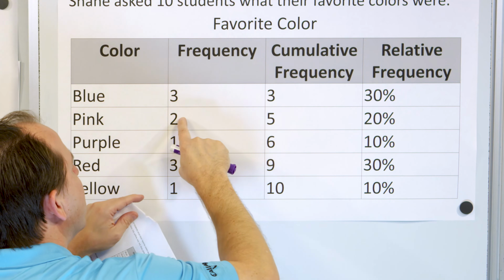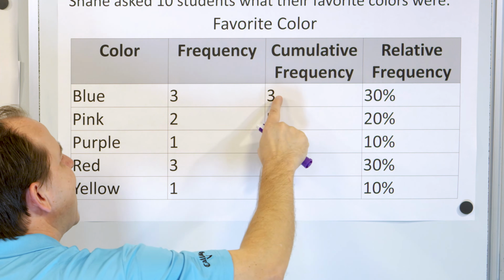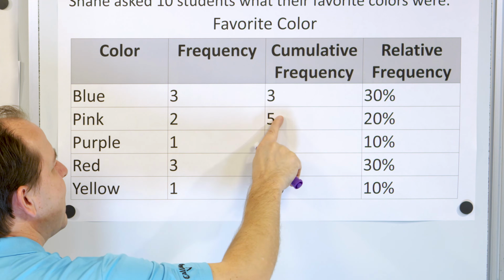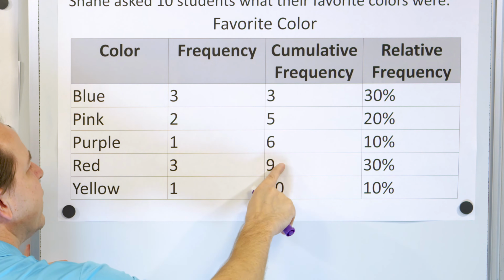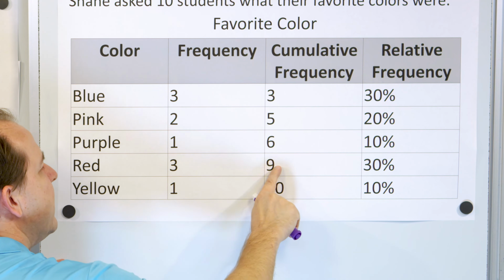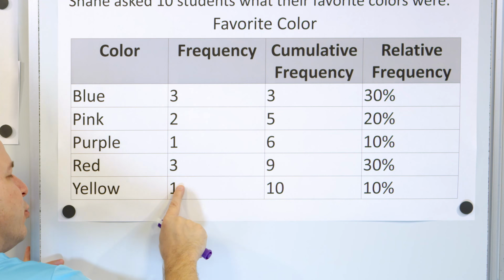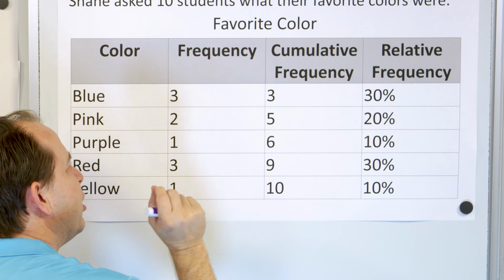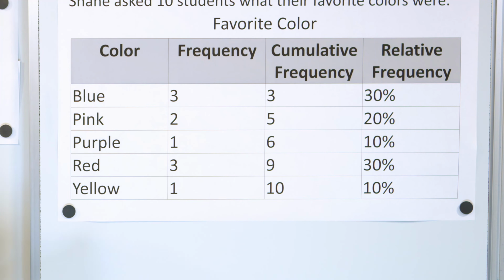So 5 is the new respondents here plus how many answered before. Then for this line, it's the new respondents plus how many answered before, to 6. Here, it's the new respondents plus however many answered before, 6 plus 3 is 9. And for here, it's how many new respondents plus however many answered before, which is 10. So the bottom number should always be the total amount of answers you have.